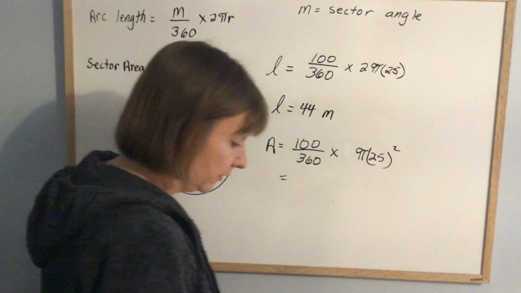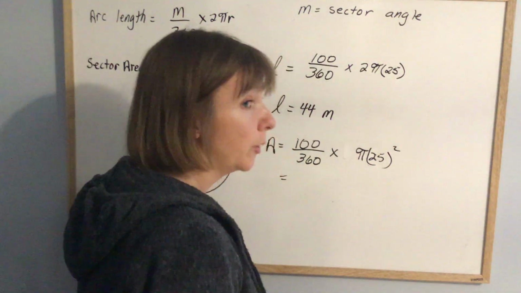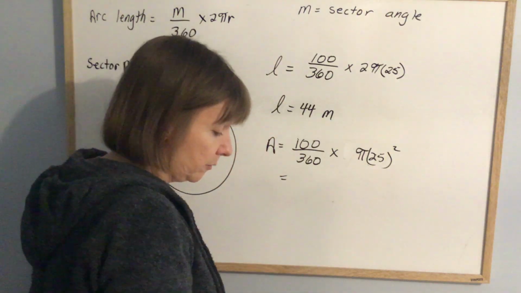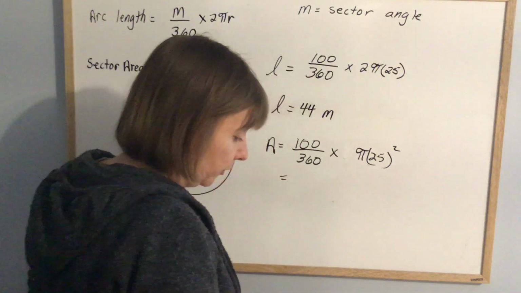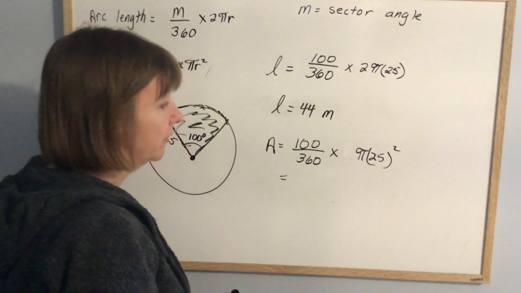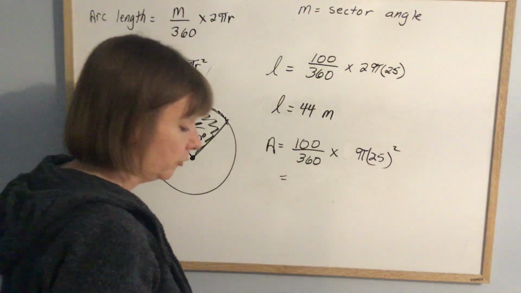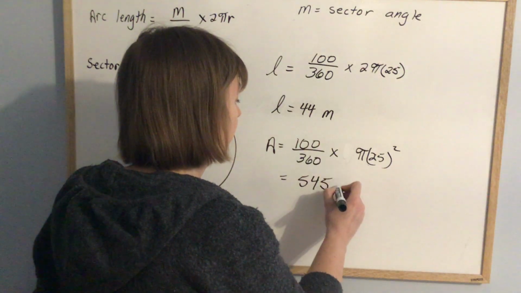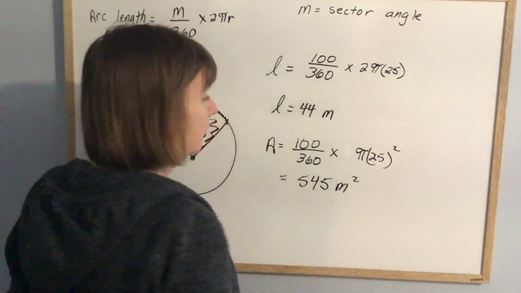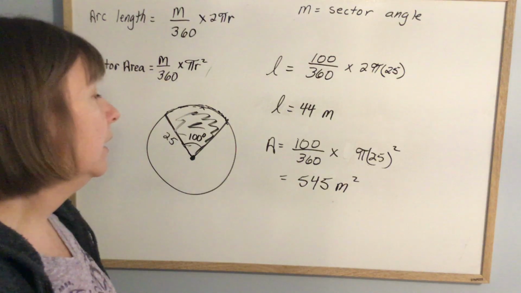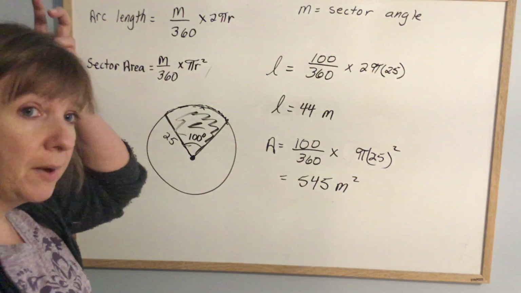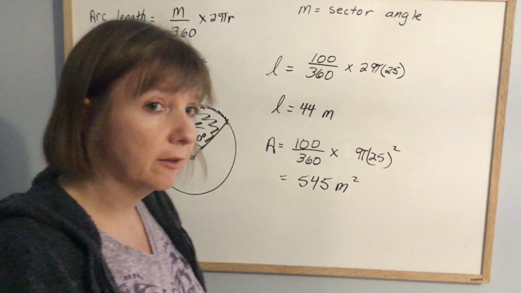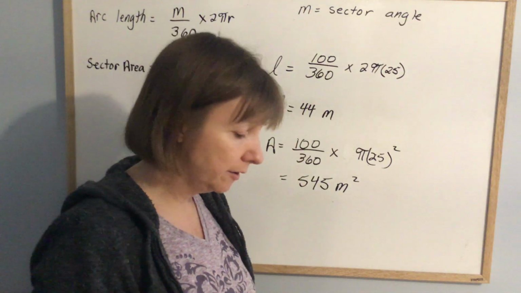They tell us to round to the nearest square meter, so again, no decimals. So I would just do 100 over 360 times pi times 25 squared, which rounds off to 545 meters squared. So that's it. It's just a matter of using that formula. That's all there is to it.